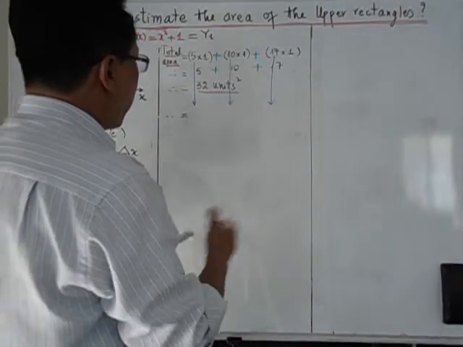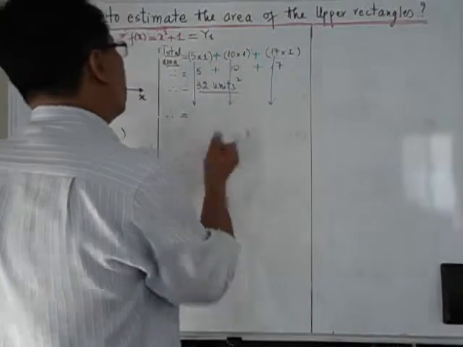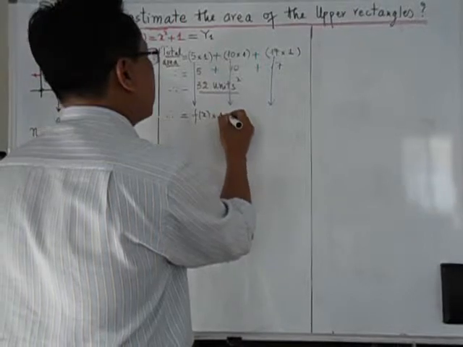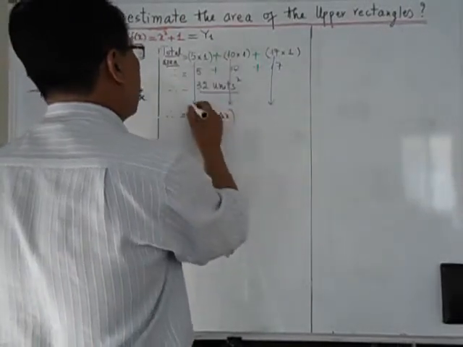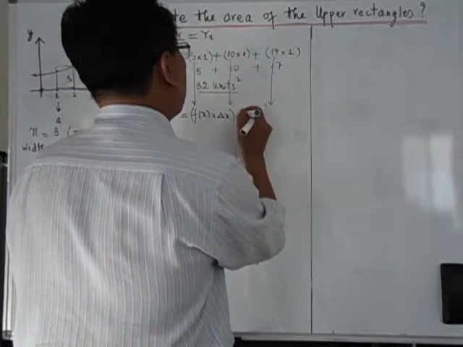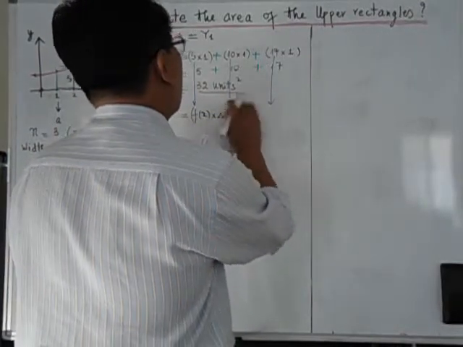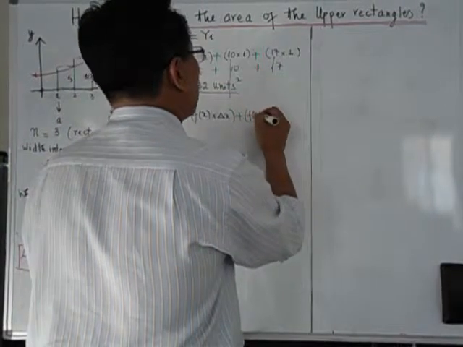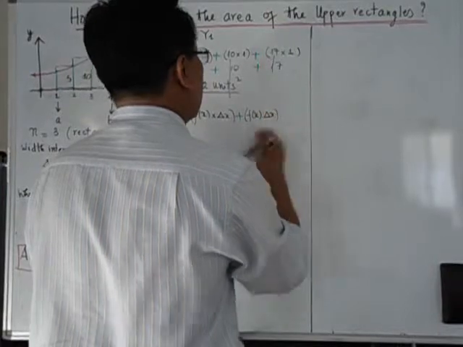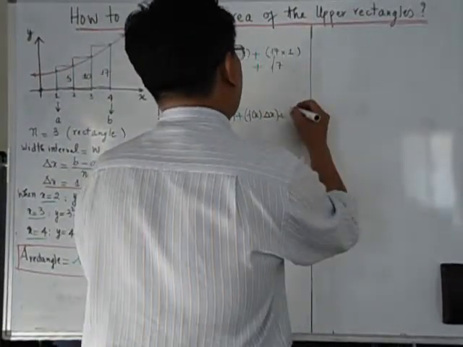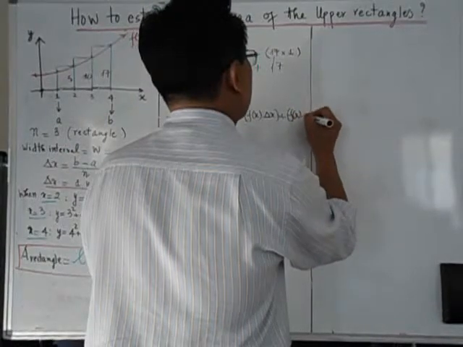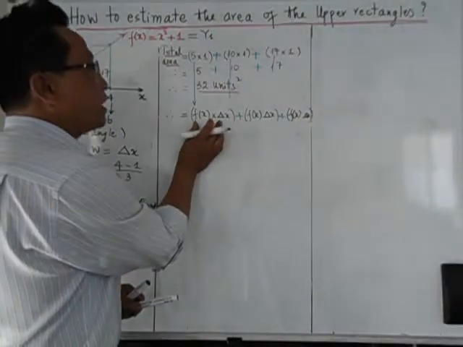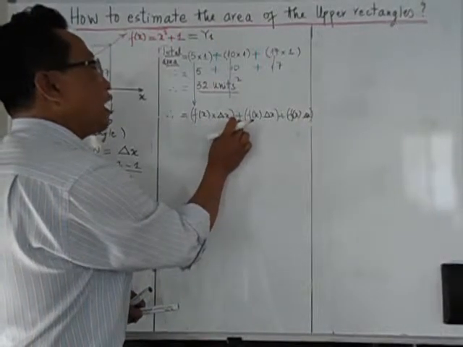So we have f(x) times delta x, and we add another f(x) times delta x, and plus f(x) times delta x.